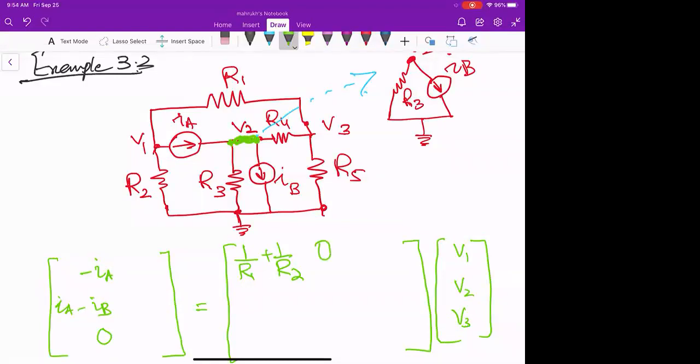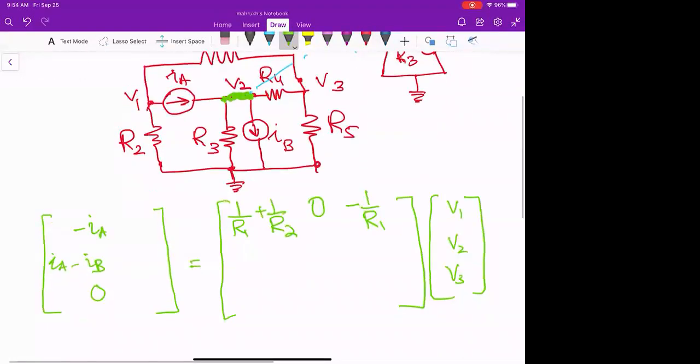Now, what should I write in the third column? You know that we are writing about node 1, right? So what should I write in the third? 1 over R1. Minus 1 over R1, right?